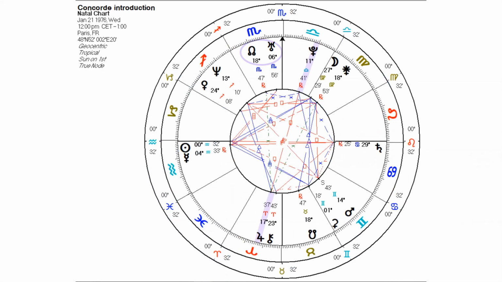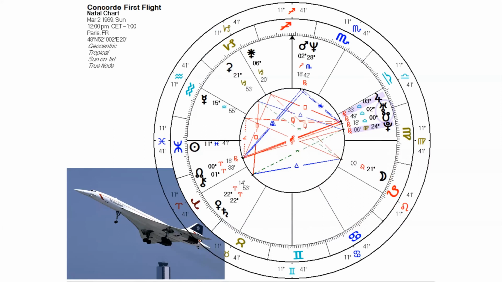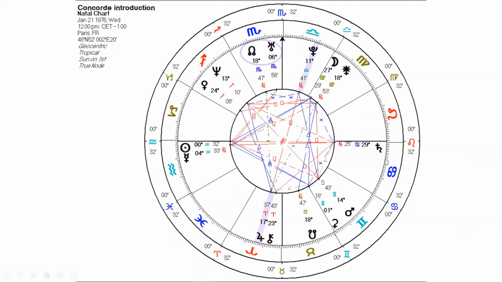Okay. Now, that's more. Mars-Neptune conjunction when the Concorde had the first test flight, Mars-Neptune opposition during the commercial flight. Notice the Sun position, 0 Libra.